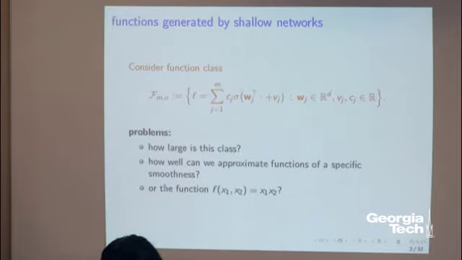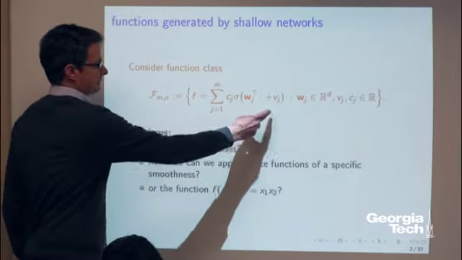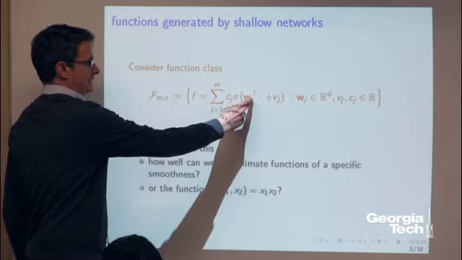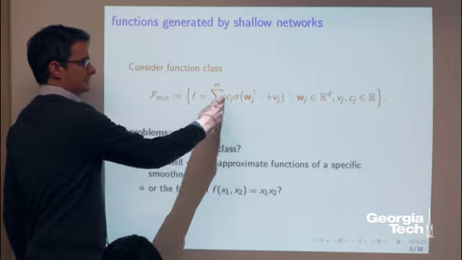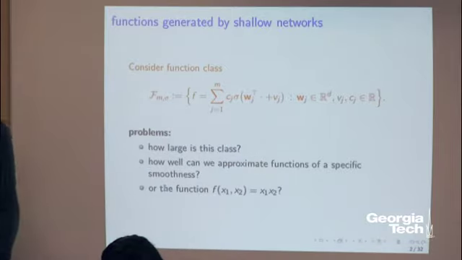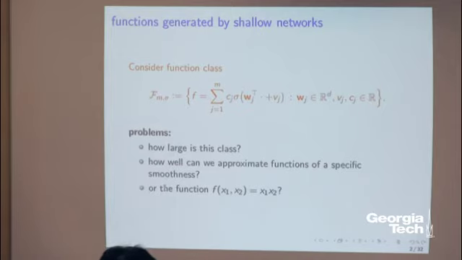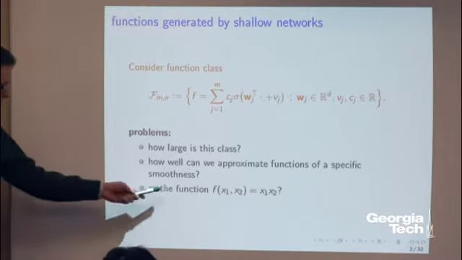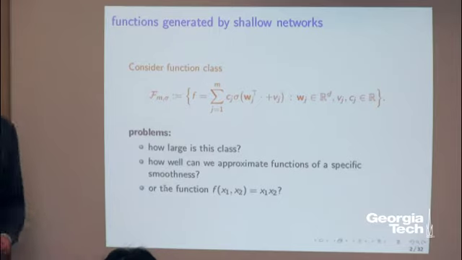If you think about this, these are functions which are linear in x, and then you have the possibility with the nonlinearity to do something. But it seems to be very far from multiplying numbers, right? So you can wonder whether this function can be well approximated by a shallow network.